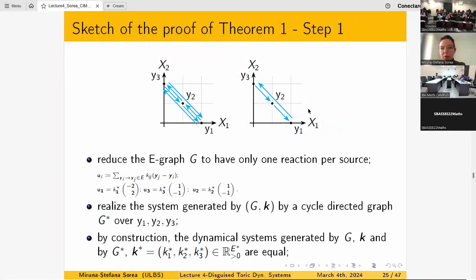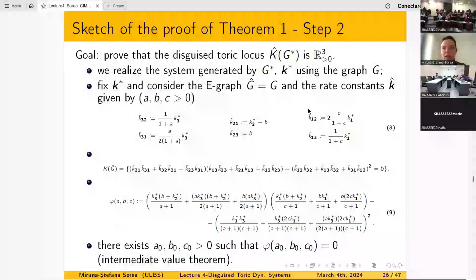We needed to reconsider another G hat that gave us again a dynamical equivalence, and we got to toricity by showing that the new parameters K hat satisfy the toric locus equation.